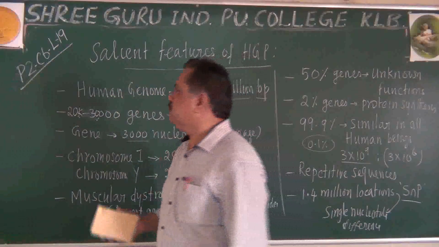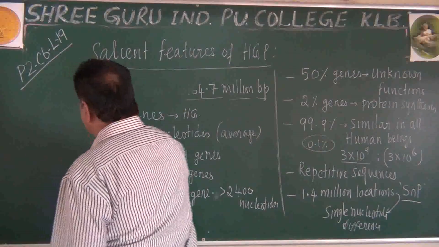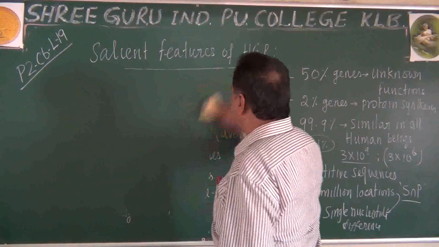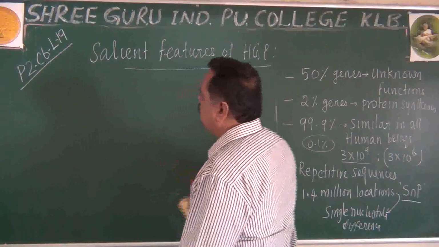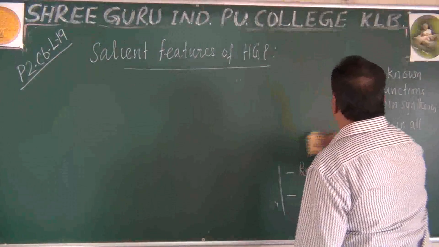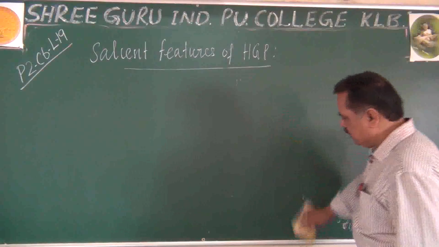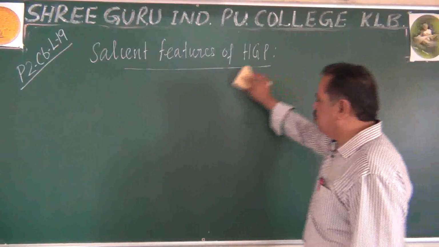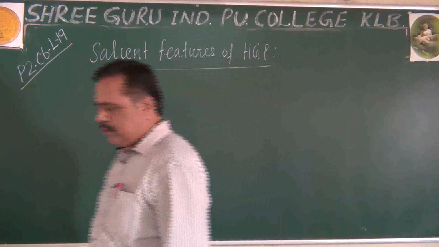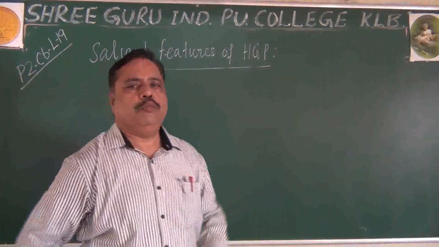Okay, students, after learning so many points about the human genome, how we are going to use it, where we are going to apply this knowledge, that is very important. When you come to know about so many differences, several applications can be made upon the human genome.